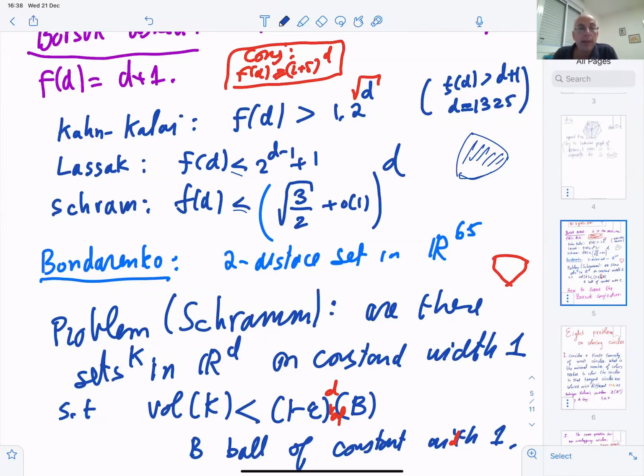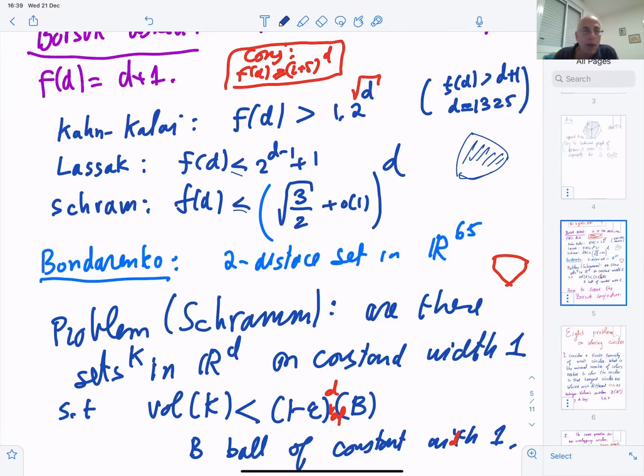And since then, there were several improvements with all sorts of very nice ideas. One improvement used the Leech lattice. There were some improvements which were based on just improving our techniques. And the world record is by Bondarenko, who found an example in dimension 65 of a set of diameter 1.